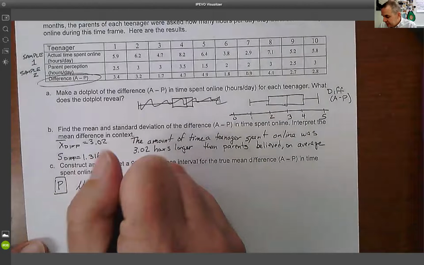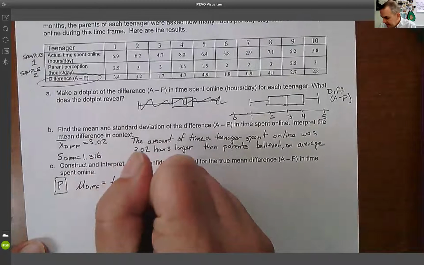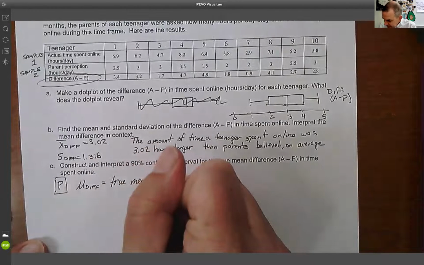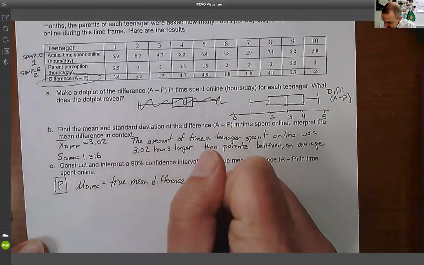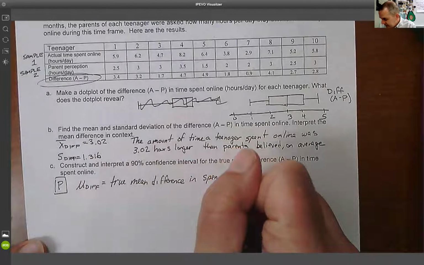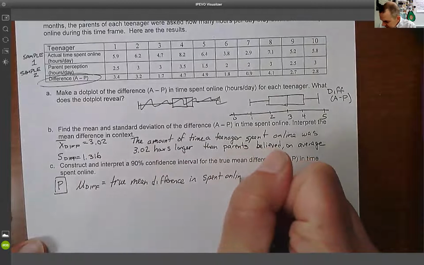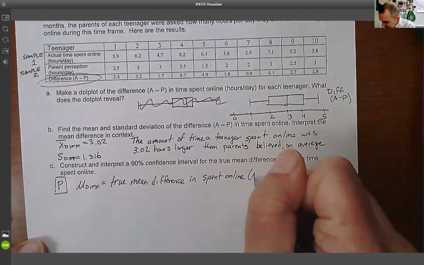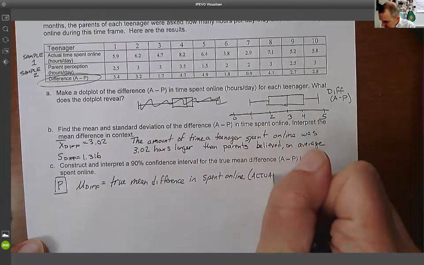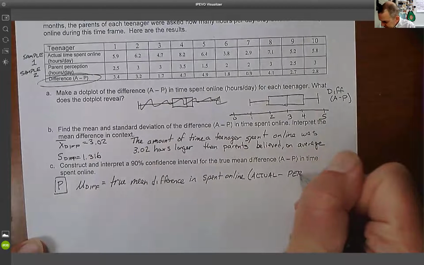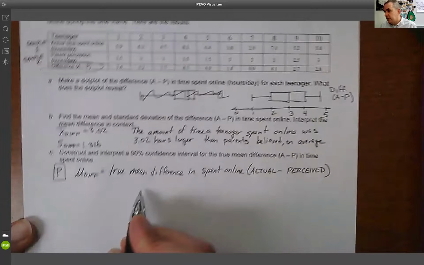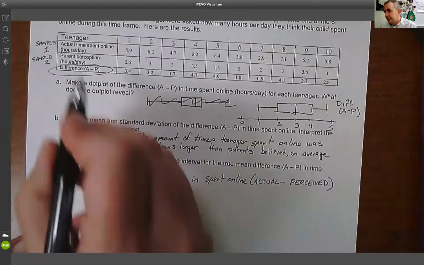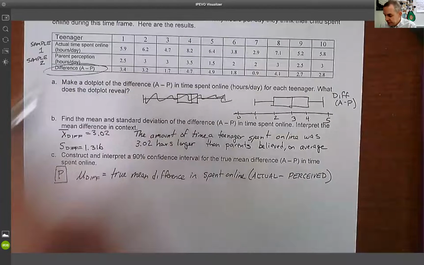This is the true mean difference in time spent online. And I'm going to say actual minus perceived. That's what I'm going to be trying to figure out. So I'm going to run it on this. I don't need to declare each of those individual samples.